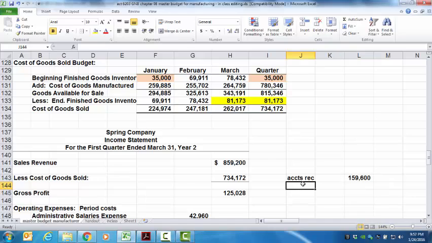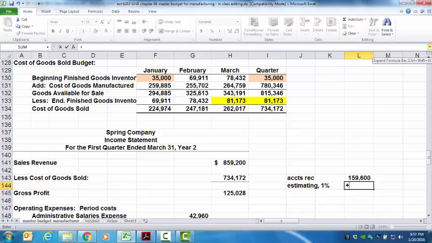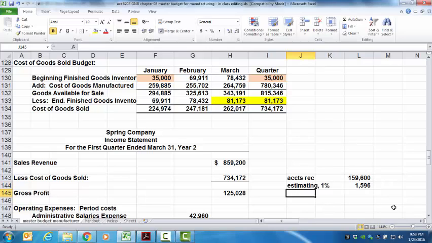That's what we are expecting to get in April. And now we're estimating that 1% is not going to be collectible. So let's take 1% of that. So in other words, 1,596 is expected not to be collectible. Let's see how much already exists.